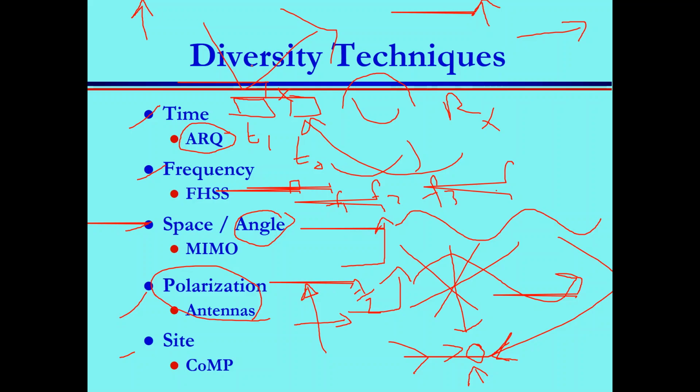By the time it reaches you, there are hundreds of multipaths. So from these hundred multipaths, when you send with vertical, this vertical becomes horizontal by the time it reaches the receiver. At least half of them. Because the channel keeps changing the polarization.